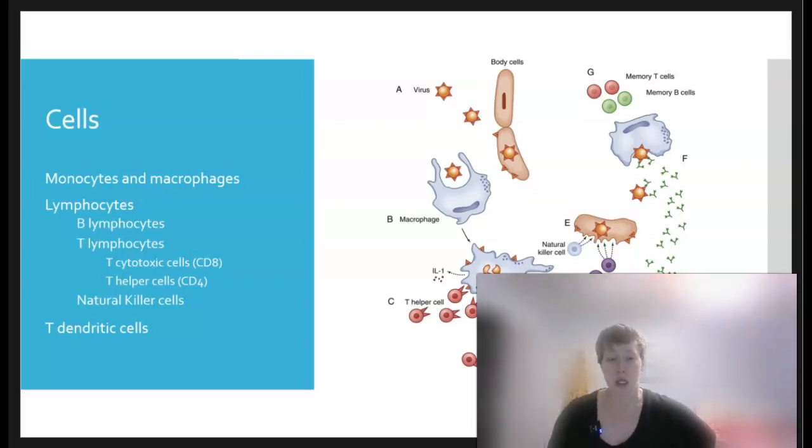You also have natural killer cells, which are part of your lymphocytes. T cytotoxic cells attack antigens to help destroy the pathogen, whereas T helper cells stimulate phagocytosis and B cell proliferation of the antibodies. The natural killer cells aren't B or T cells.